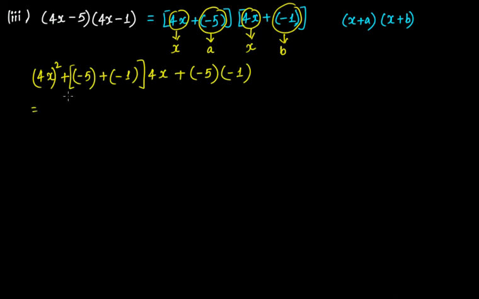So this gives you 16x squared, minus 5 plus minus 1 means minus 6, plus minus 6 multiplied by 4x, plus minus 5 multiplied by minus 1 is 5. This is 16x squared. This gives you minus 24x plus 5.